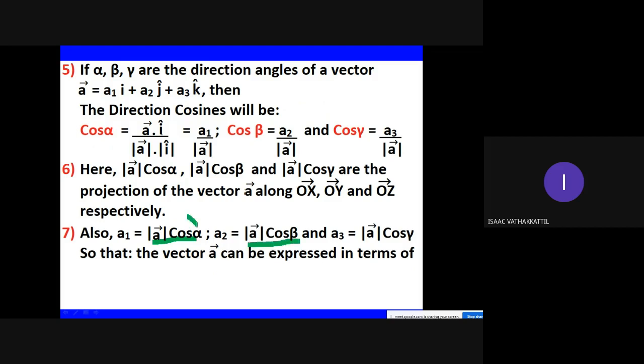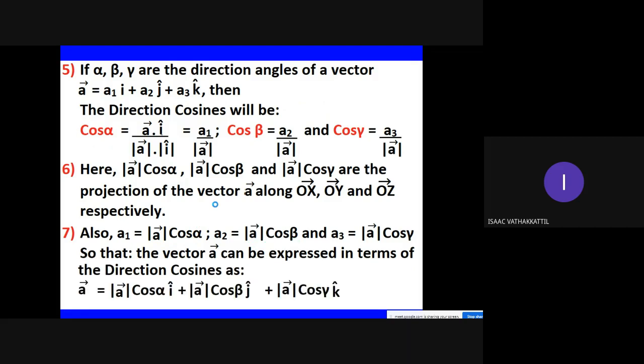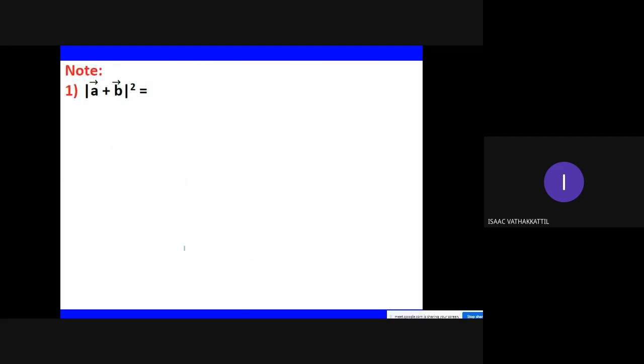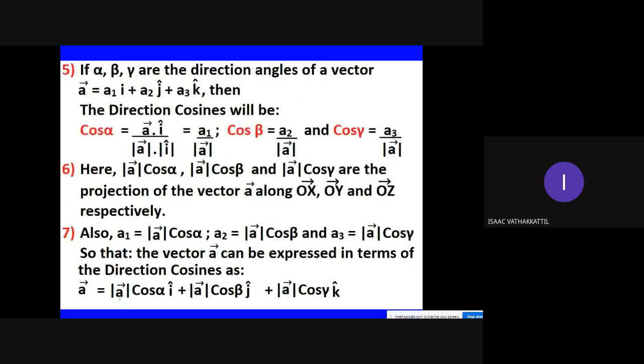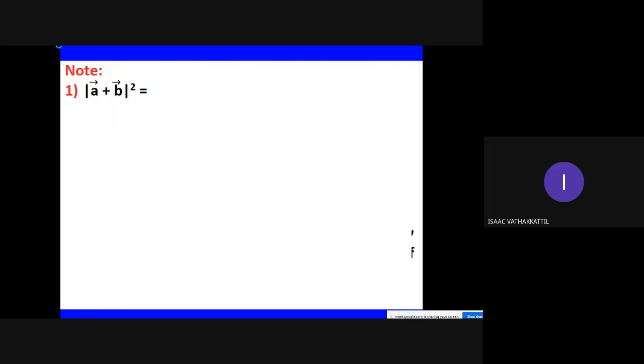Cos alpha you can write as L also. So you can write A equal to magnitude A into L into I plus magnitude A into M into J plus magnitude A into N into K.